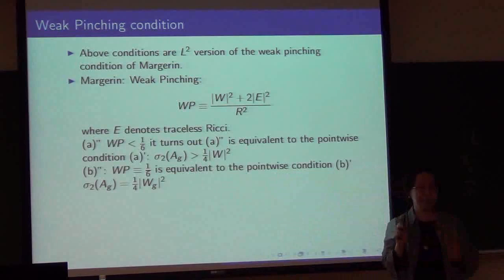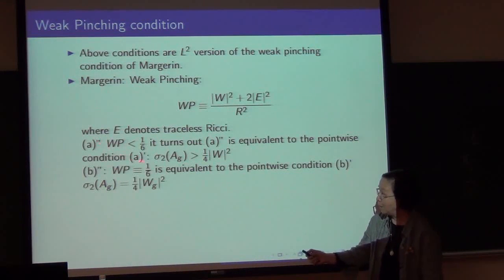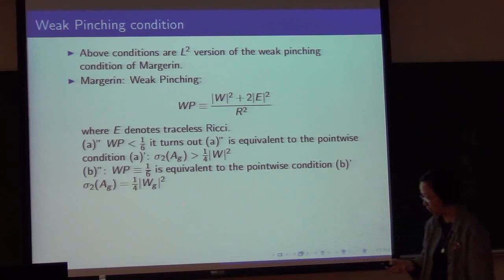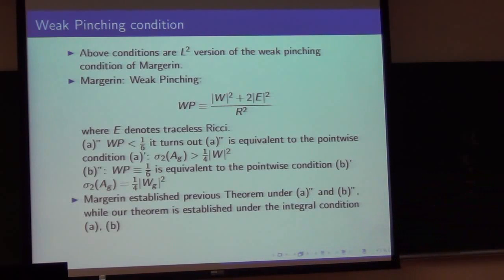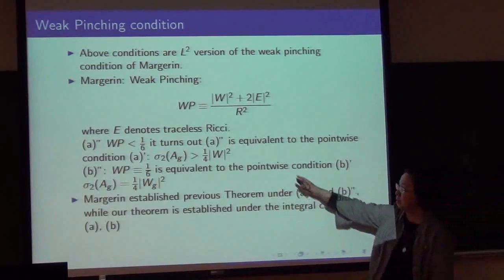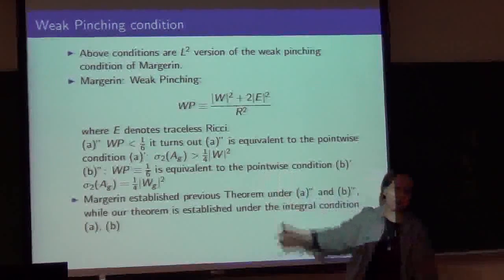These two numbers just match. Weak pinching equal to 1/6 means sigma 2 equals 1/4. So Margerin established the previous theorem, this sphere theorem, under this pointwise condition of weak pinching.